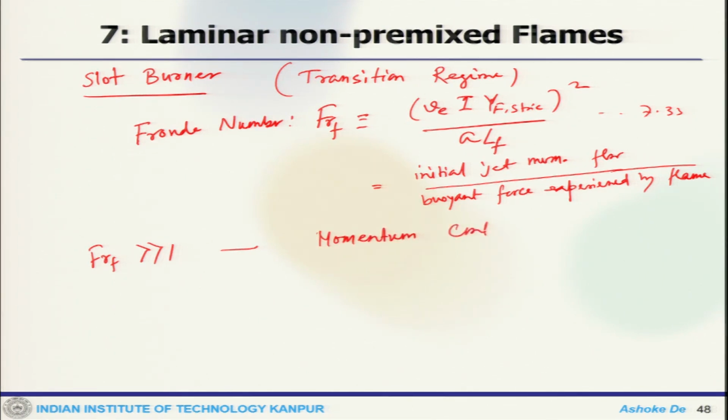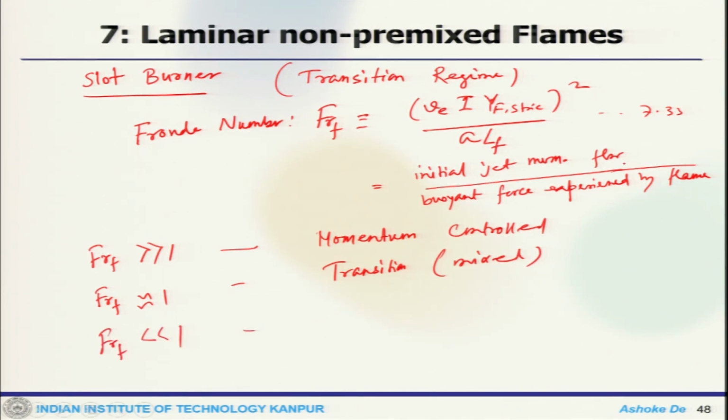Now if Fr_f is 1, this is the transition, or mixed. And the other possibility is that Fr_f is less than 1. If it is less than 1, momentum is not that much, so it is essentially buoyancy controlled.